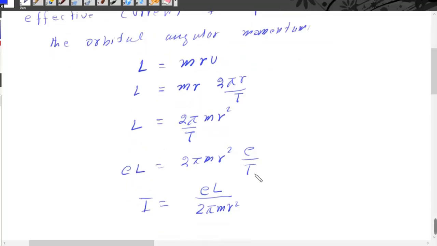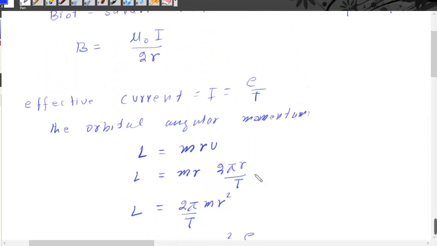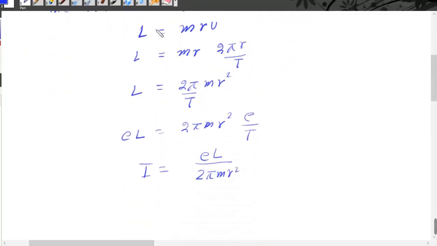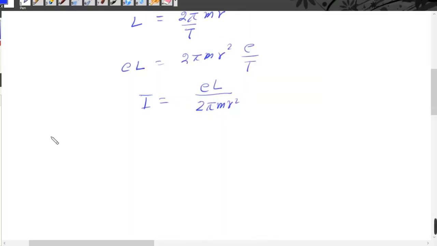Now we put this current into the Biot-Savart law for this system, and we get B = (μ₀ / 2r) × (eL / 2π m r²).